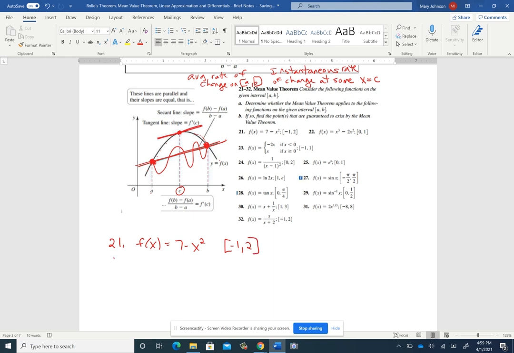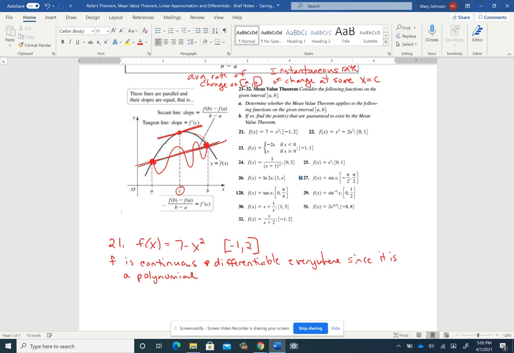So we know f is both continuous and differentiable on that because it's continuous and differentiable everywhere, since it is a polynomial.